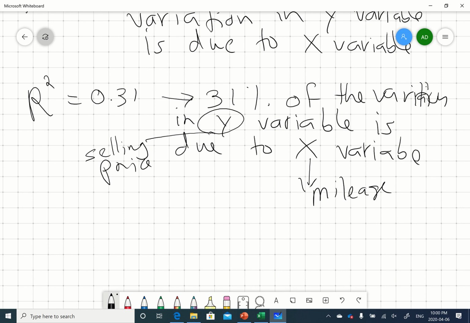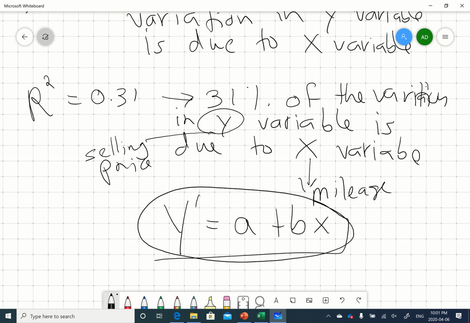So coefficient of determination is really good when you decide whether this association should be linear or should we consider multiple regression or non-linear analysis, because for this particular example you can definitely see that building a relationship a plus bx is not enough. This is not going to provide us the actual picture, right? There's more than mileage.